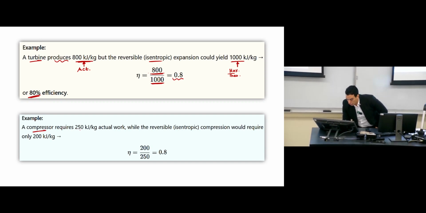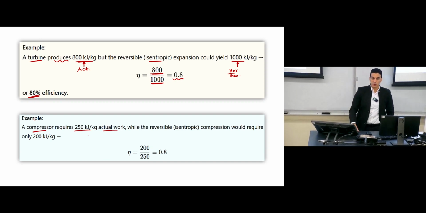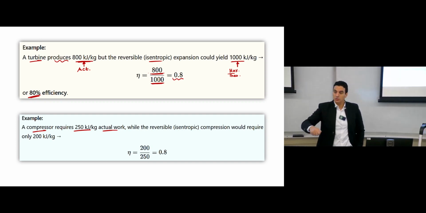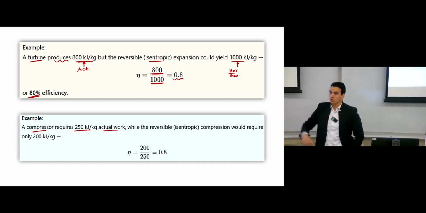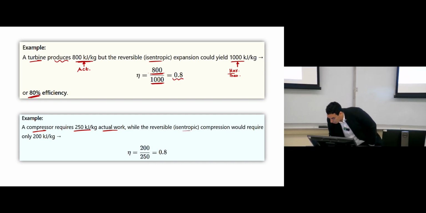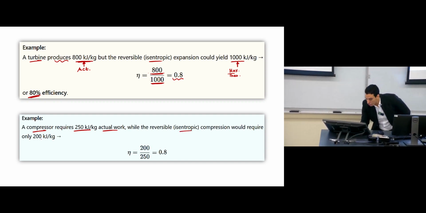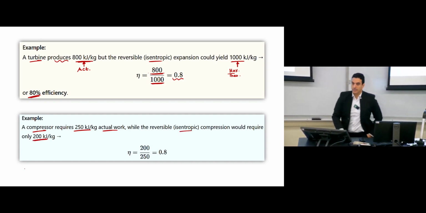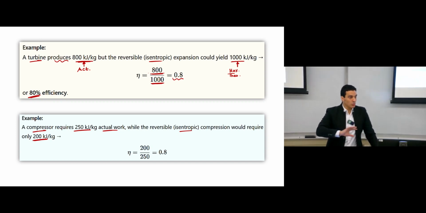This compressor requires 250 kilojoule per kilogram as actual work. So for this compressor to function or operate, it needs this amount of work, 250, while the reversible or isentropic compression would require 200. So if the process is ideal, without friction, in a reversible, isentropic way, only 200 kilojoule per kilogram would be enough.